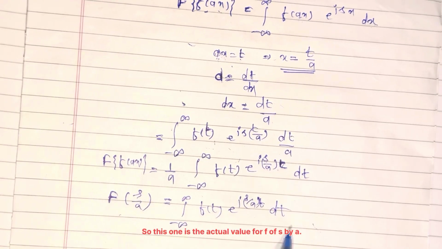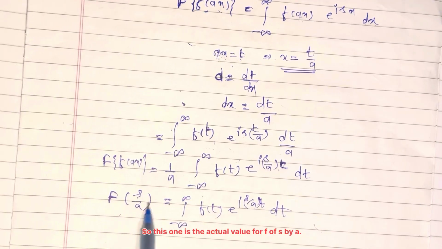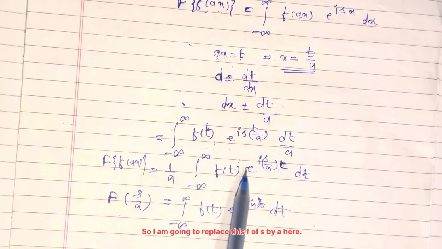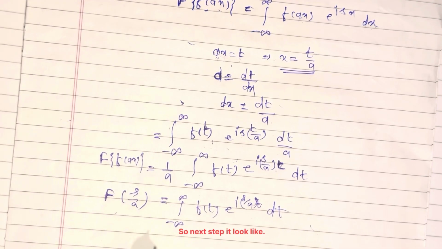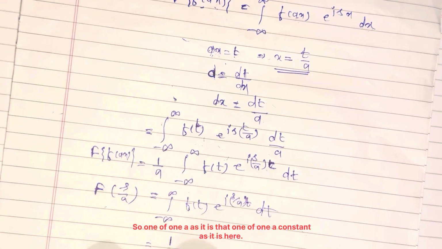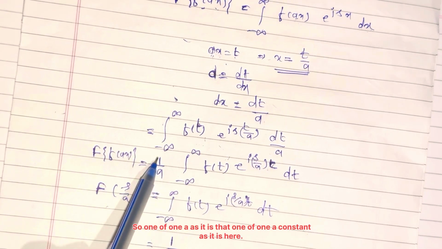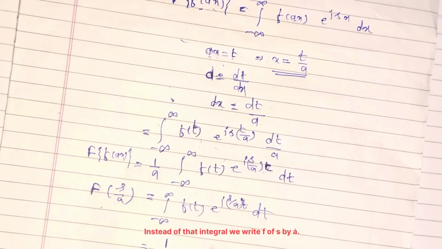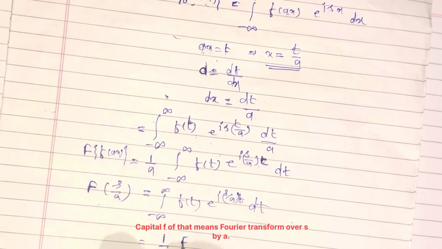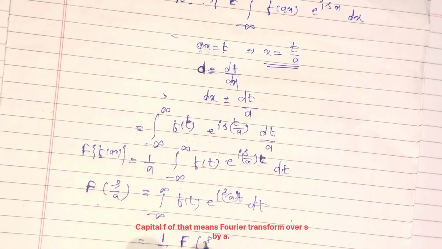So this one is the actual value for F of s by a, so I'm going to replace this F of s by a here. So the next step looks like 1 upon a as it is, that 1 upon a constant as it is here. Instead of that integral, we write capital F of s by a, that means Fourier transform over s by a.